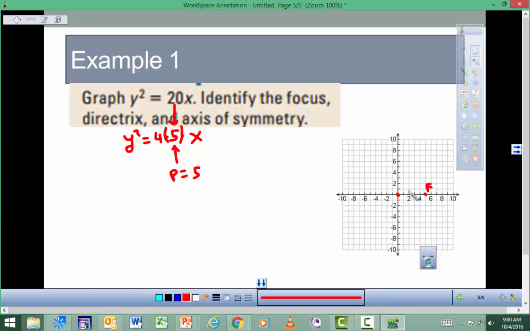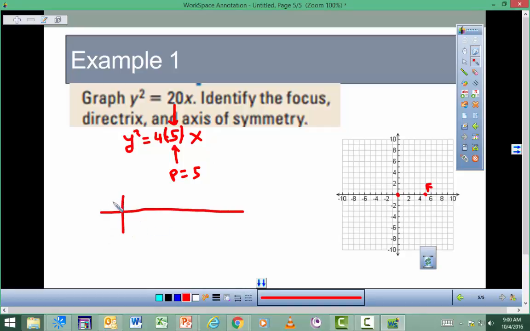Now, at this point, I know the parabola takes this shape here. Okay? But I need one more point. Does that make sense? So, to graph the parabola, just like we did in the past, I need to get at least a couple points on there. There's a couple ways you can do this.